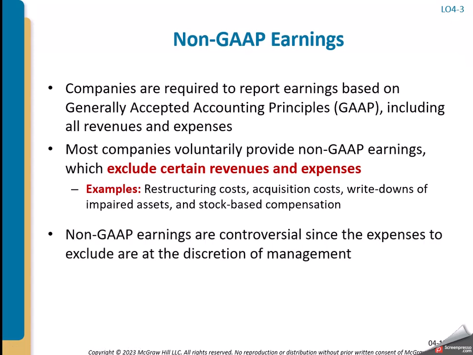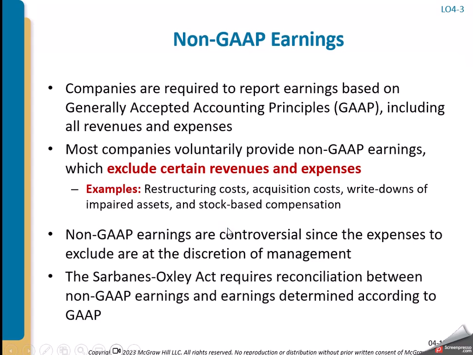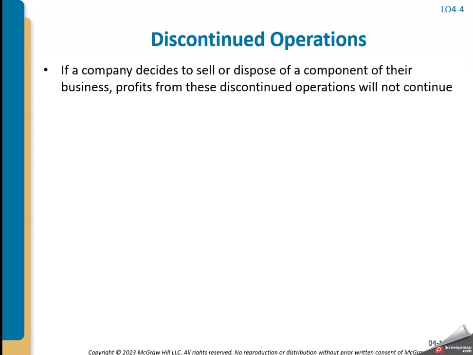So then these companies that have non-GAAP earnings, here they give us some examples: those restructuring costs, acquisition costs, the impairment of the goodwill or another intangible asset, stock-based compensation. So those are all non-GAAP earnings. And again, they're very discretionary. So those have to be disclosed.